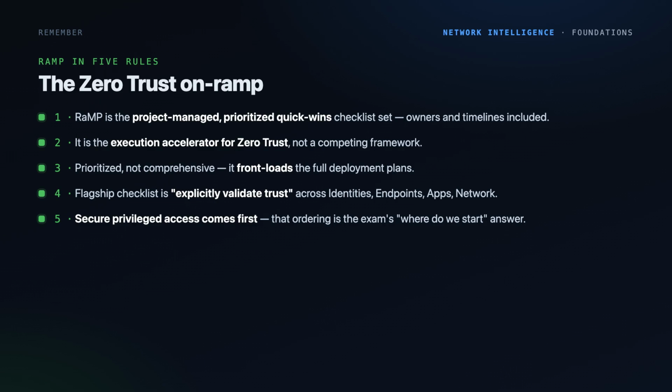Its flagship checklist, Explicitly Validate Trust, spans identities, endpoints, apps, and network. And secure privileged access comes first. That ordering is the exam's expected answer to where do we start. Prioritize, sequence, ship the quick wins.